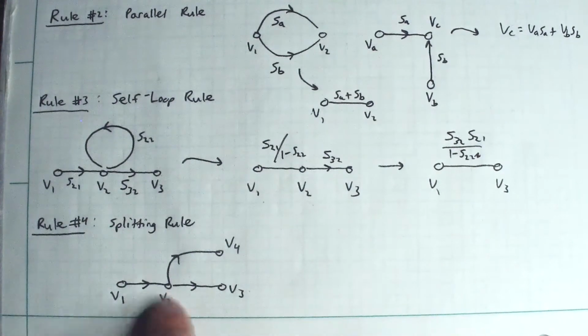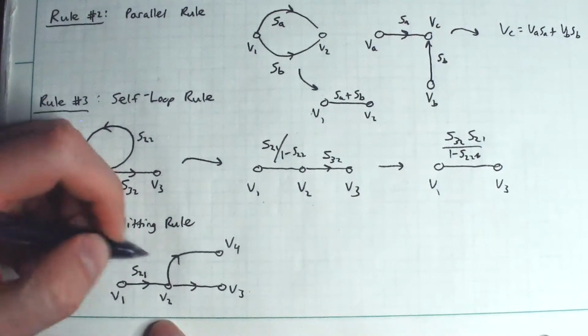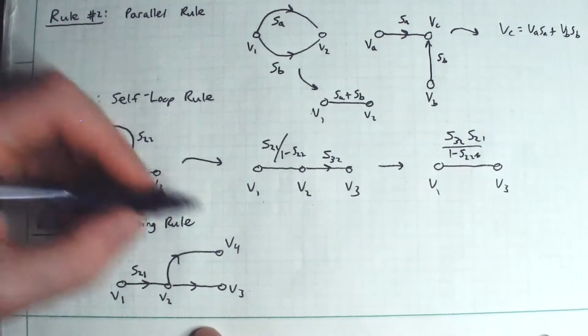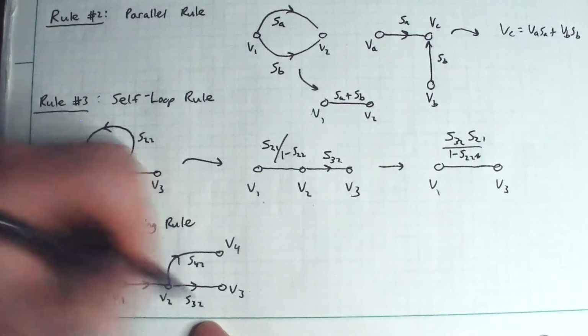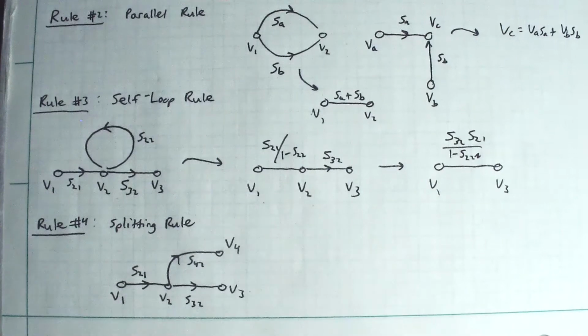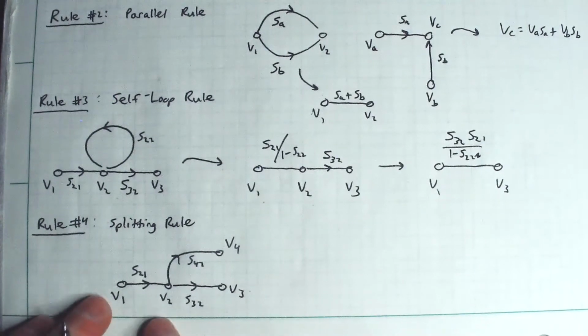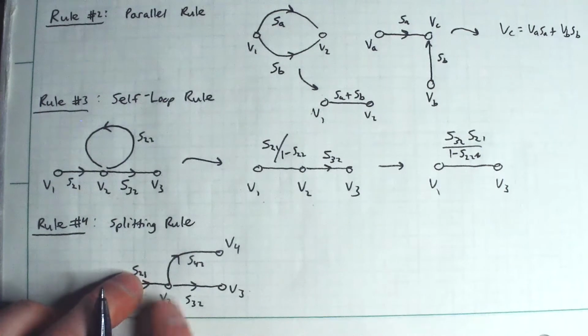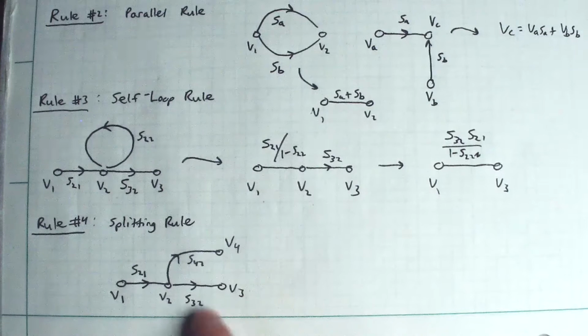So 1 in and 2 out. S21, and then it calls this S42 for some reason, and then S32. I guess it corresponds to the subscripts here, so that makes sense. This is voltage 1 and 2, so it's the voltage at 2 as a result of the voltage at 1. That's how we're denoting it here.